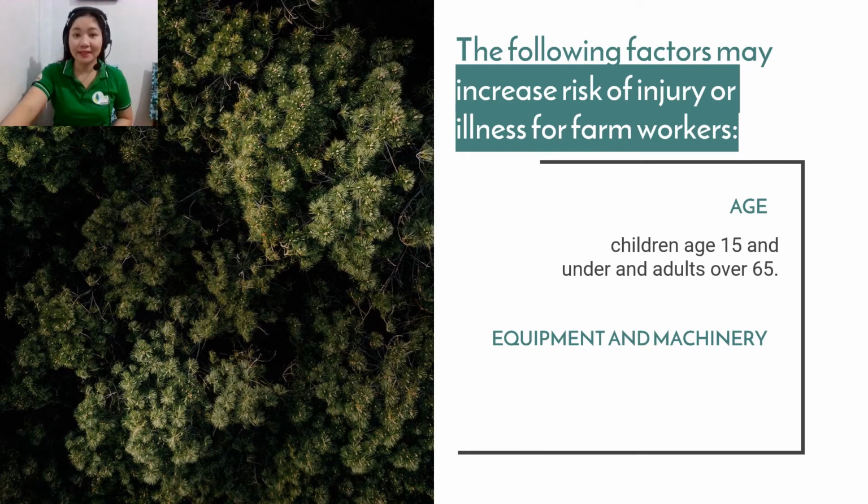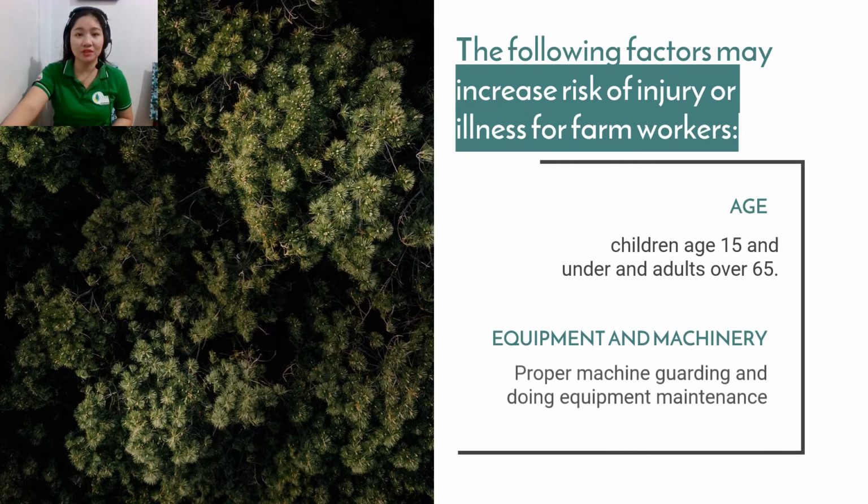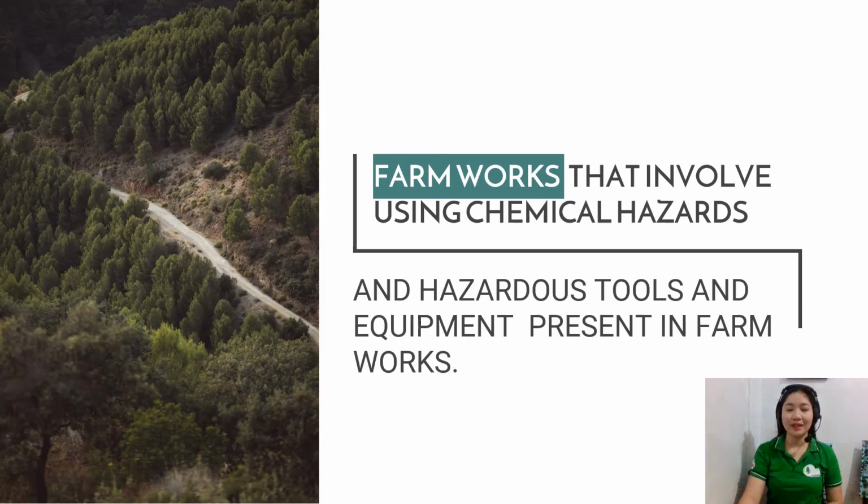Proper machine guarding and doing equipment maintenance according to manufacturers' recommendations can help prevent accidents. Class, let's proceed to the farm works that involve using chemical hazards and hazardous tools and equipment present in farm works.